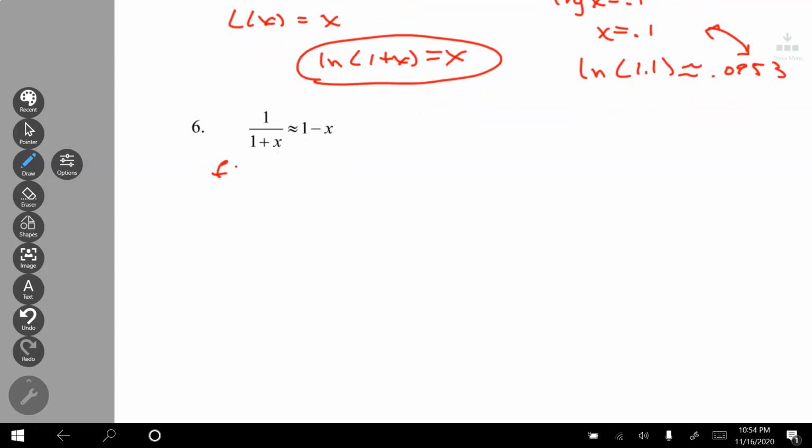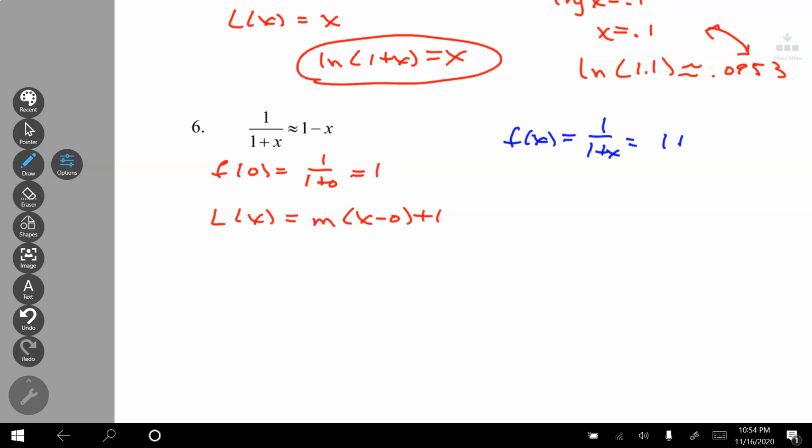Let me plug in 0 into this function. I get 1 over (1 plus 0), which is equal to 1. So my linearization is m times (x minus 0) plus 1. Let me take this derivative of 1 over (1 plus x).